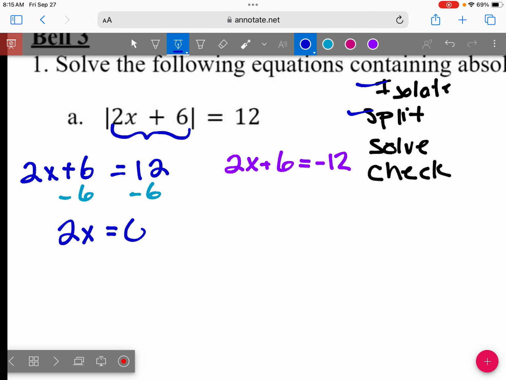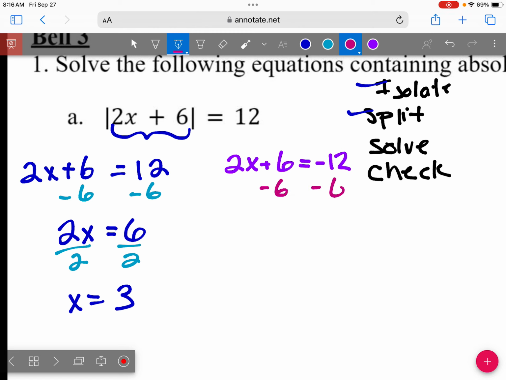All right, so 12 minus 6 gives us 6. That one I did do right. Now, divide by 2 on both sides. I need to get x by itself when we solve. So we're going to have our x equals 3. Same vibe on the purple one on the right-hand side. What do we need to do?